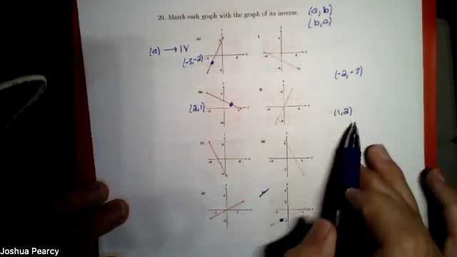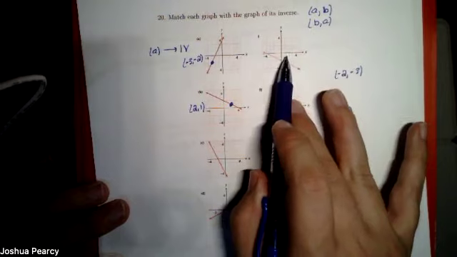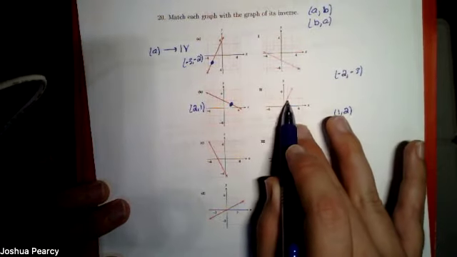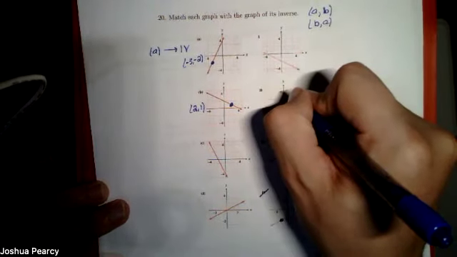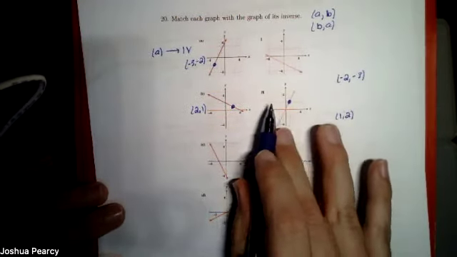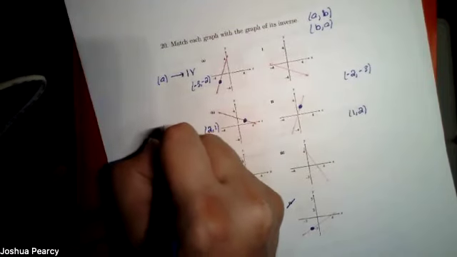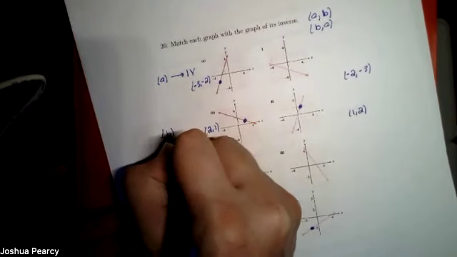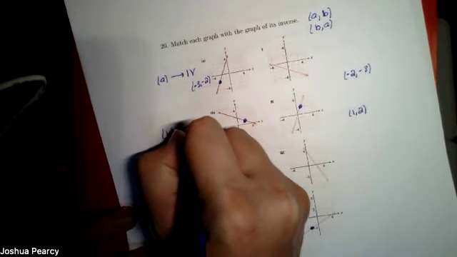So let's see which one has this. This one here does not have (1, 2). This one does have (1, 2) right here. So this implies that the inverse of B is the second one, number 2.